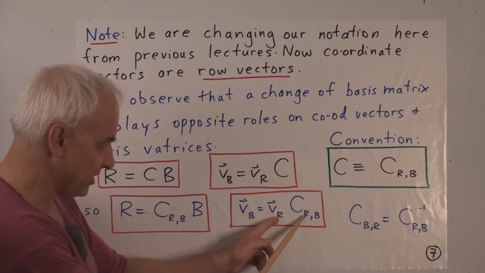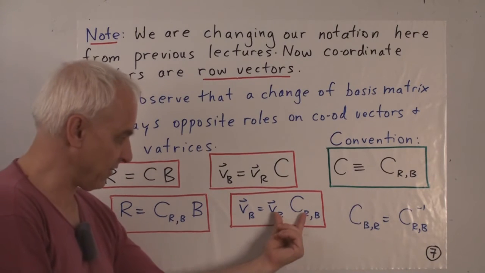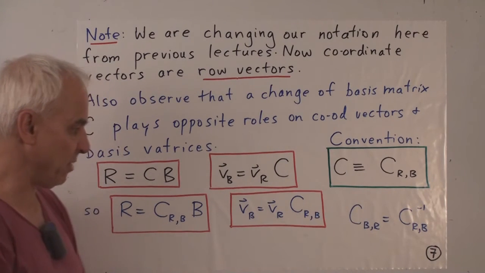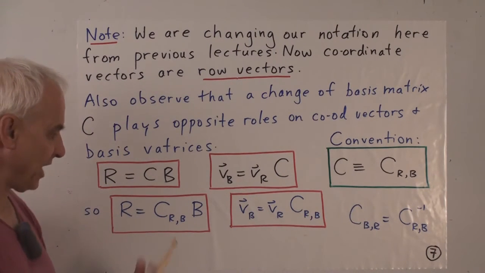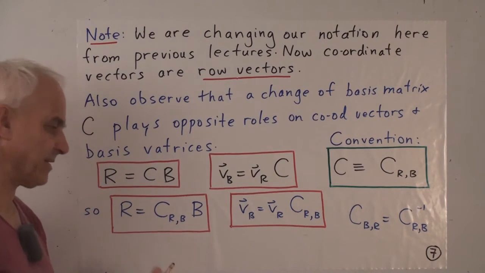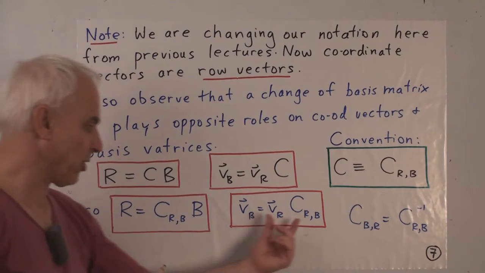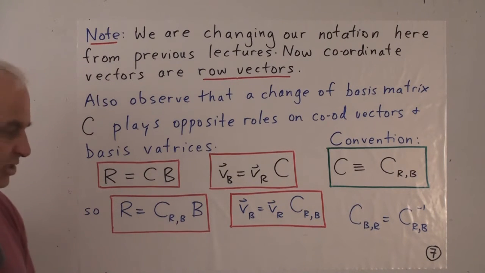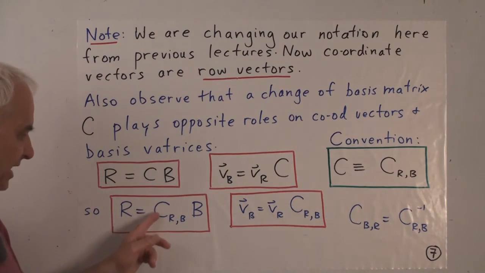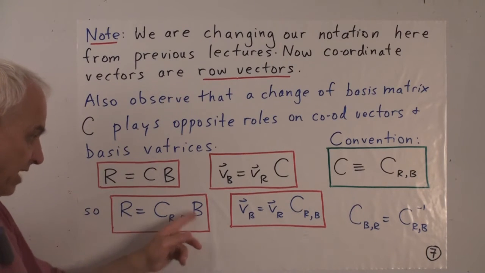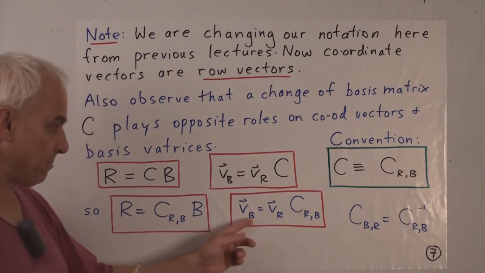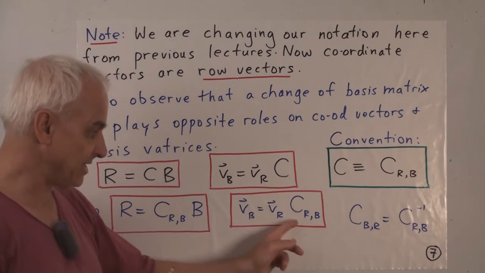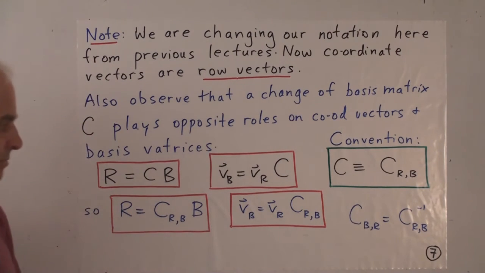But still this R and this R are adjacent, and if you think of them as canceling, then we're left with a B. So if you think of this business of adjacent B's canceling or adjacent R's canceling, then it makes it easier to remember both of these equations. So R equals C sub R comma B times B, or V sub B equals V sub R times C sub R comma B.